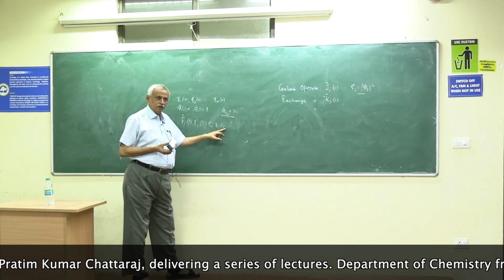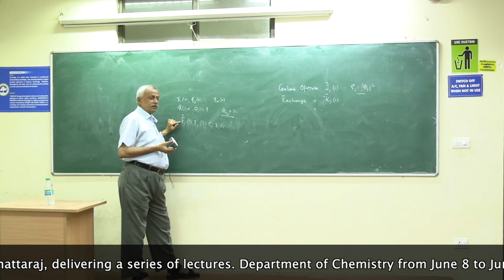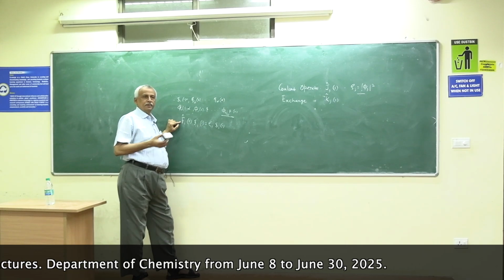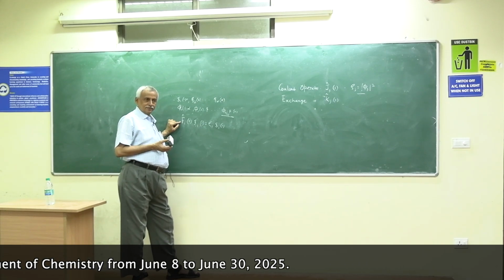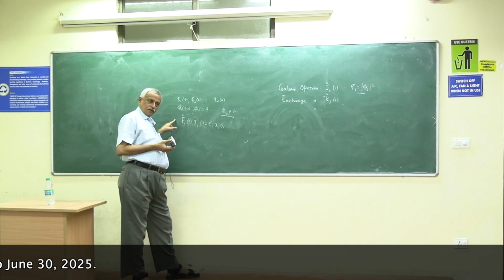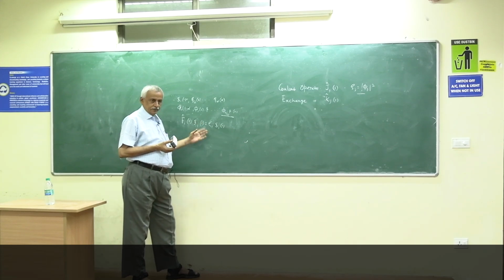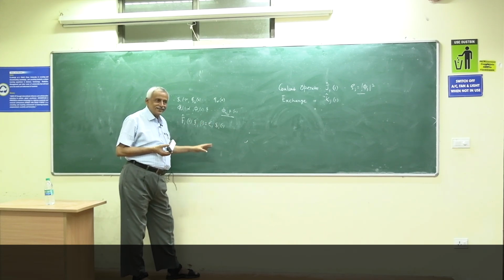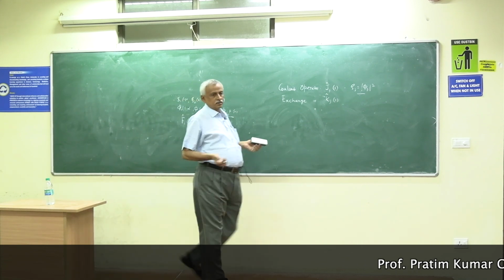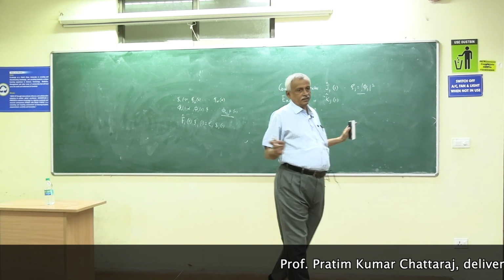I have phi 1 into alpha, because this operator depends only on spatial variables. There is no spin dependent operator over here. So that is constant, alpha or beta, that is constant. So I can take it outside. Here also I can take it outside. Anyway, this is multiplicative, and I can cancel them. So whether I write in terms of phi or xi, this spin orbital, it doesn't matter.